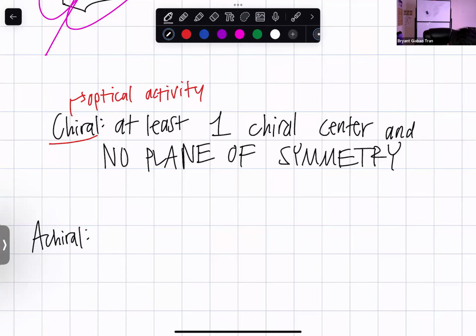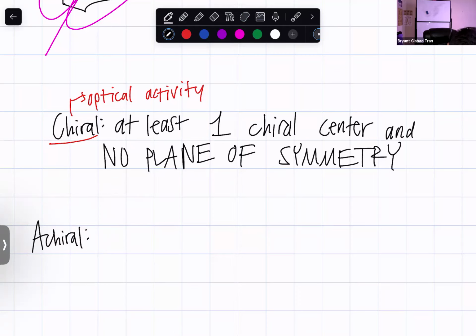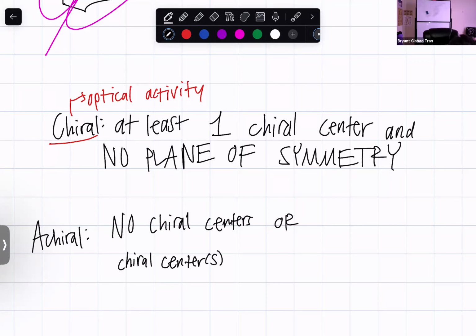Achiral means either no chiral centers at all, or they do have chiral centers but with a plane of symmetry.